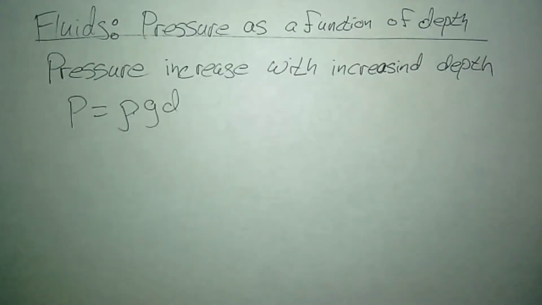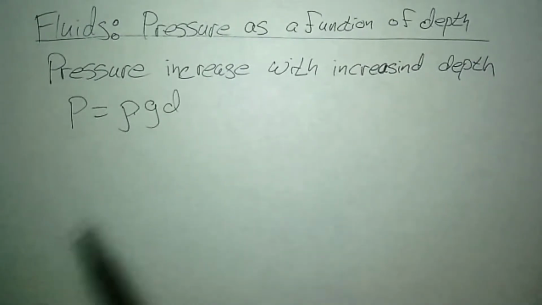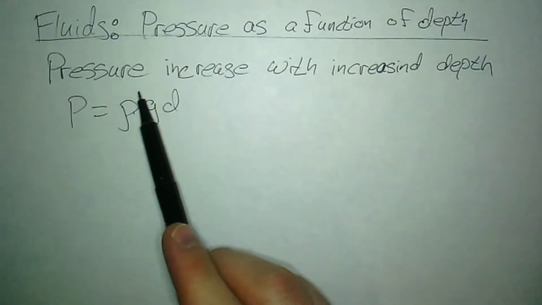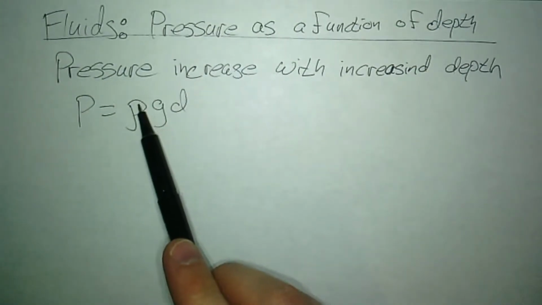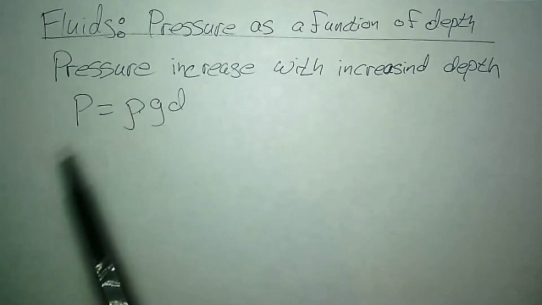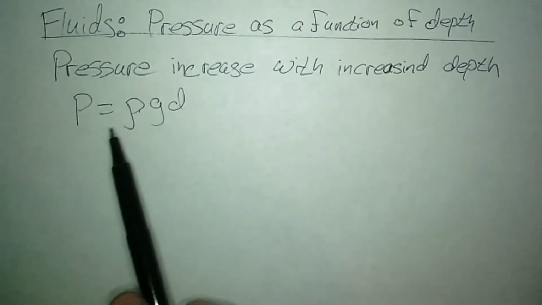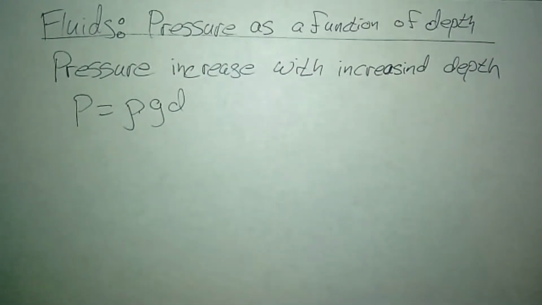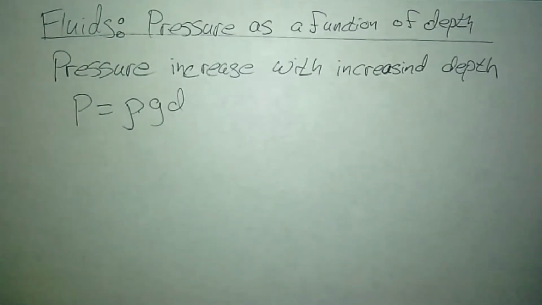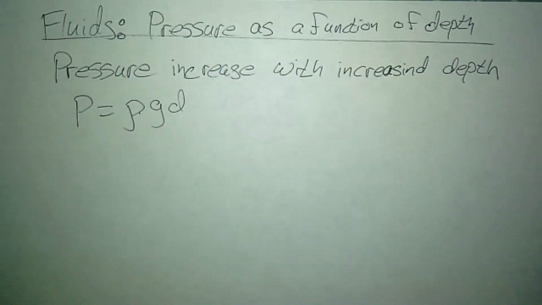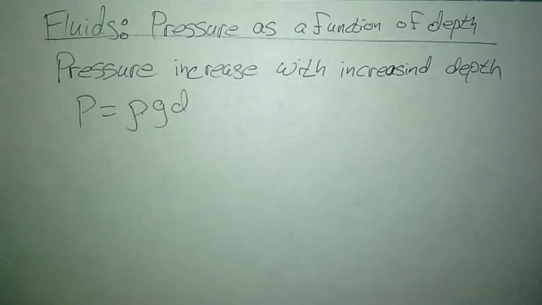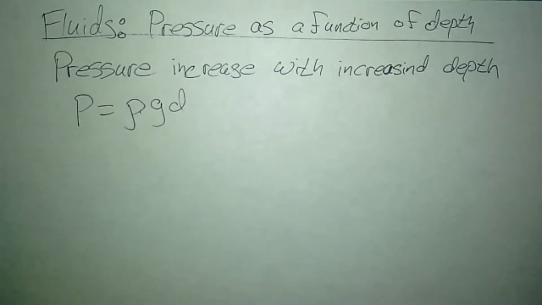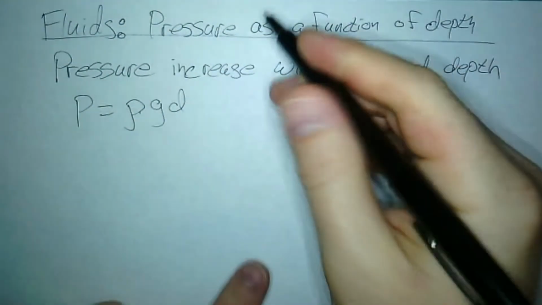So I'd like to point out to you that this term right here looks a lot like the weight. Looks like weight divided by volume, right? And so what we can figure out from this is that, I mean, pressure is force per area, right?